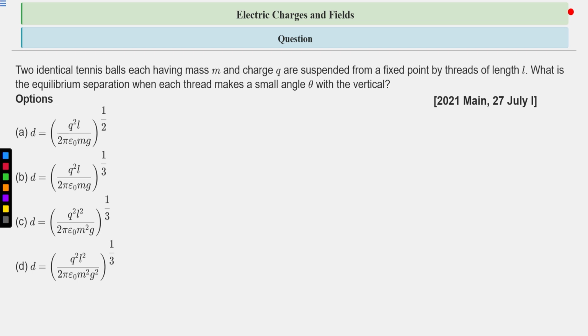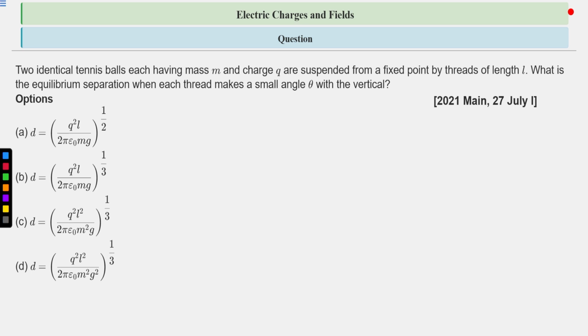Two identical tennis balls having mass m and charge q are suspended from a fixed point by threads of length L. What is the equilibrium separation when each thread makes angle theta with the vertical? Okay, so four options are given.